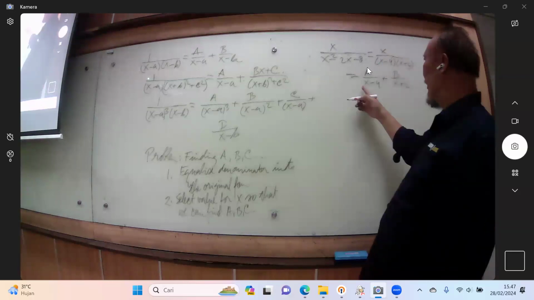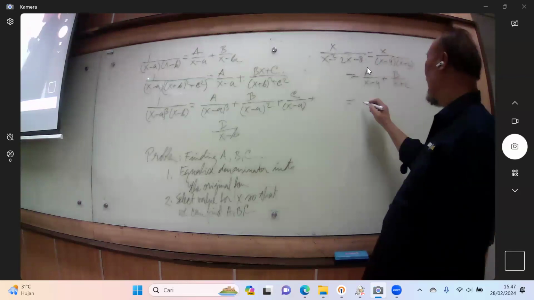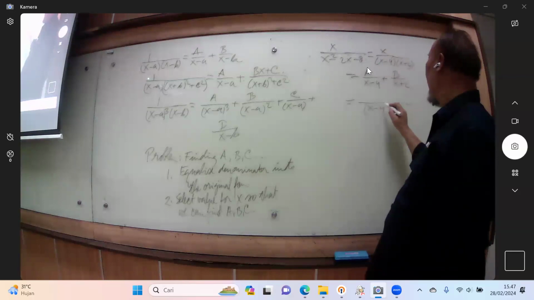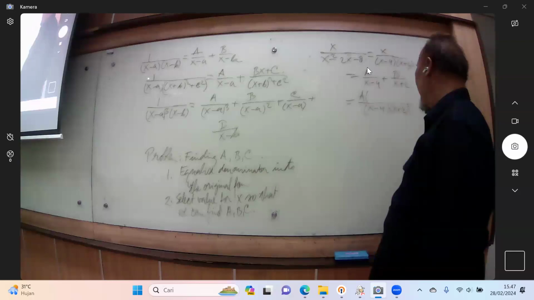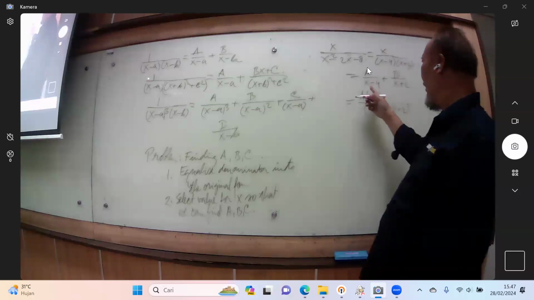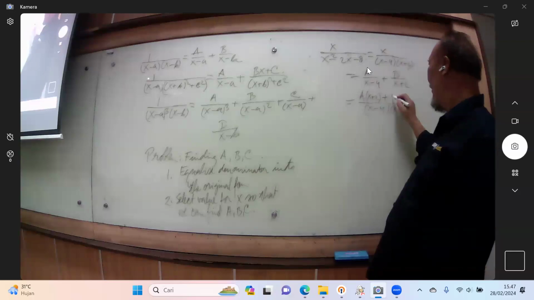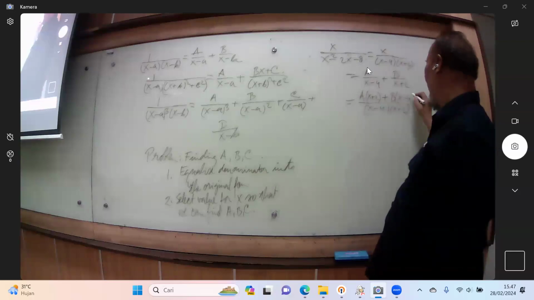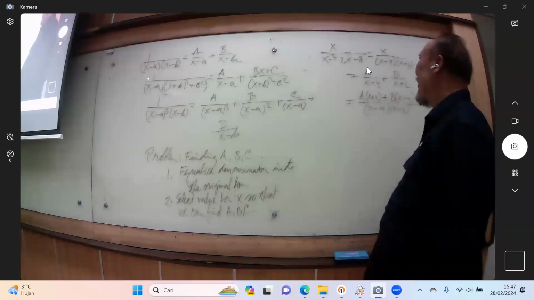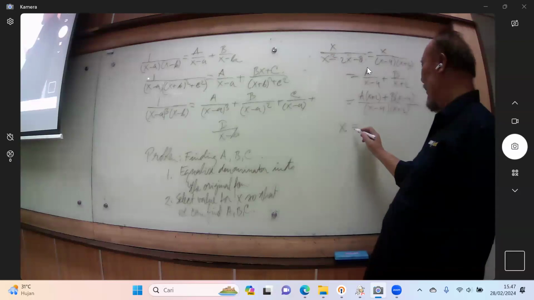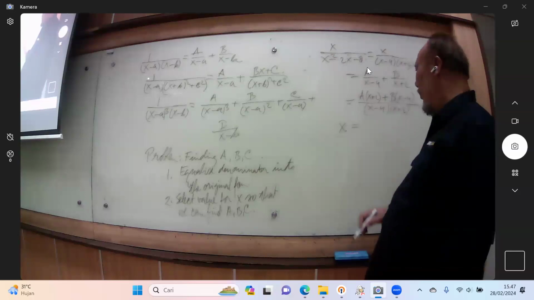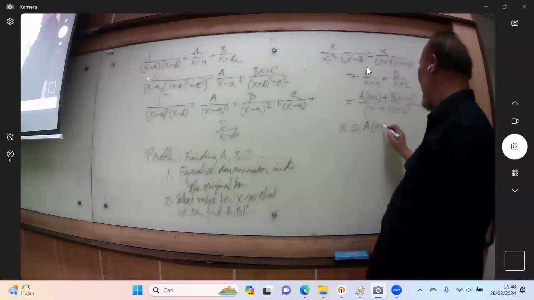So we equalize this to (x minus 4)(x plus 2). That means a can multiply with x plus 2 because we only have x minus 4, and for b we have x minus 4. Now x is not really equal at the moment, but it is equivalent to a(x plus 2) plus b(x minus 4).